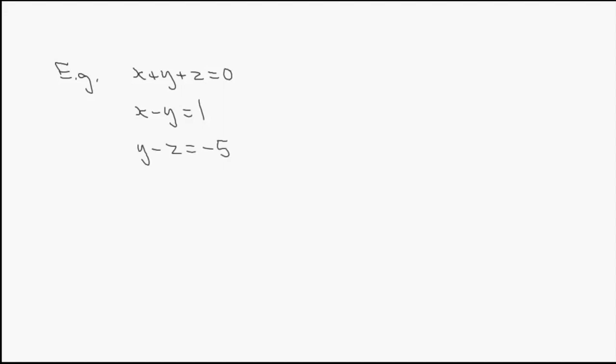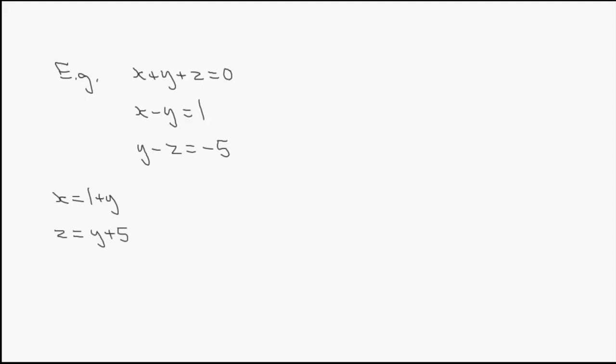Using these equations, we can also simplify to find some values. So x equals 1 plus y, in which we use the second equation to find out. And to find out the value of z, we're using the third equation, which is z equals y plus 5.